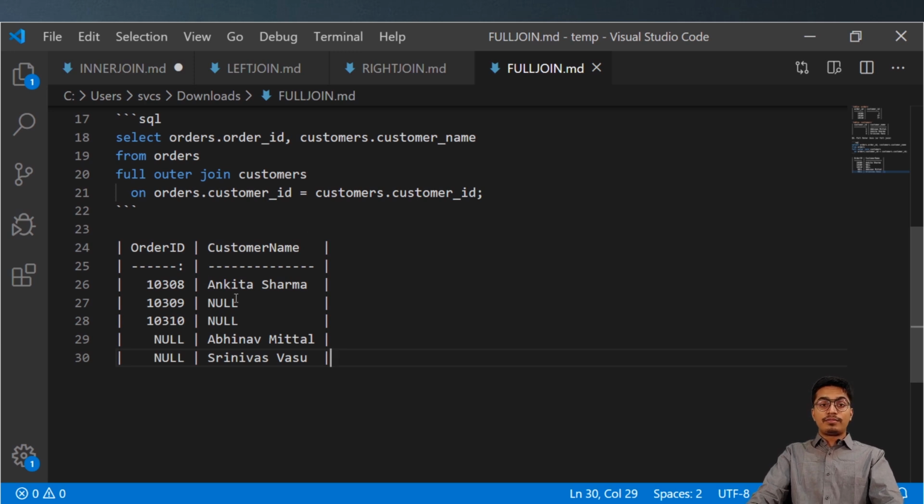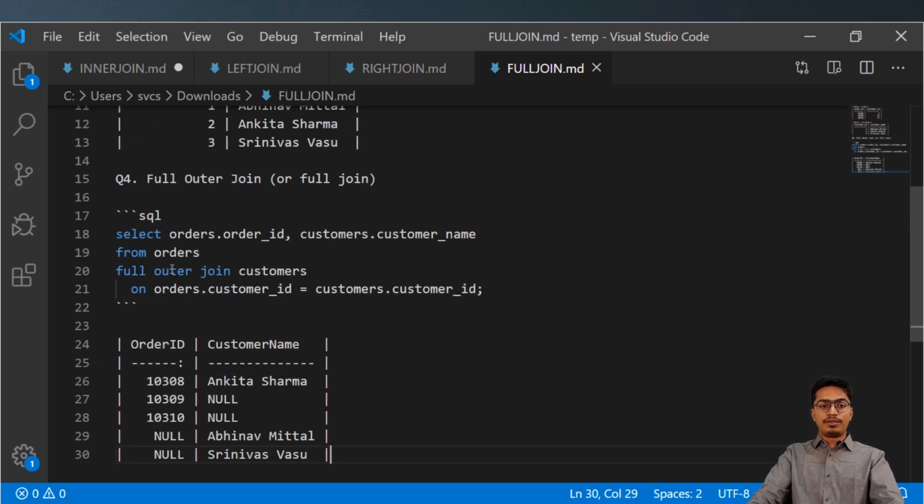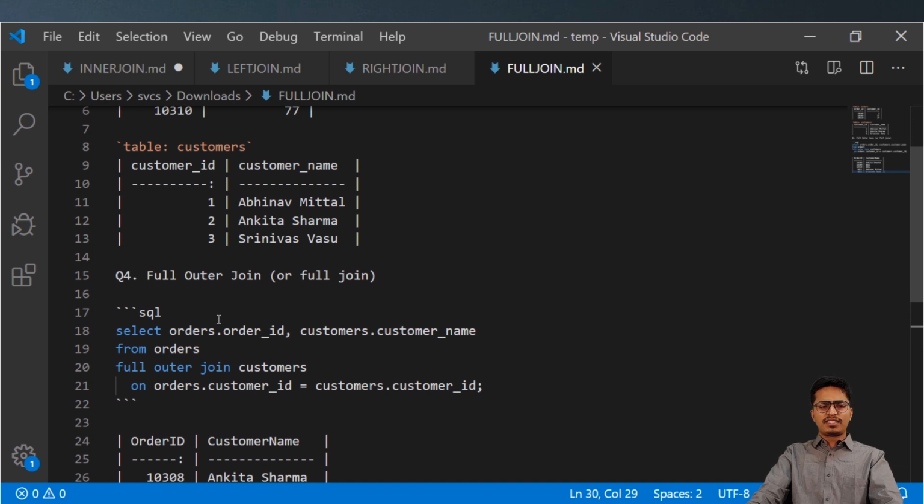Right, now that we've done this whirlwind tour, just a couple of quick things. If you don't see the keyword outer, in the sense that the question just says select some columns from a table, full join with customers, that means it's an outer join. The left join, the right join, and the full join, all these three types of joins are outer joins.